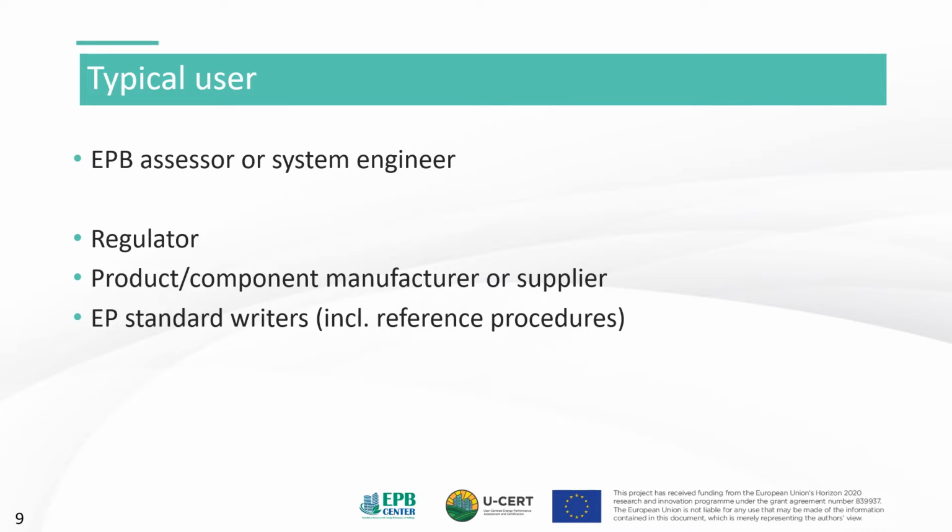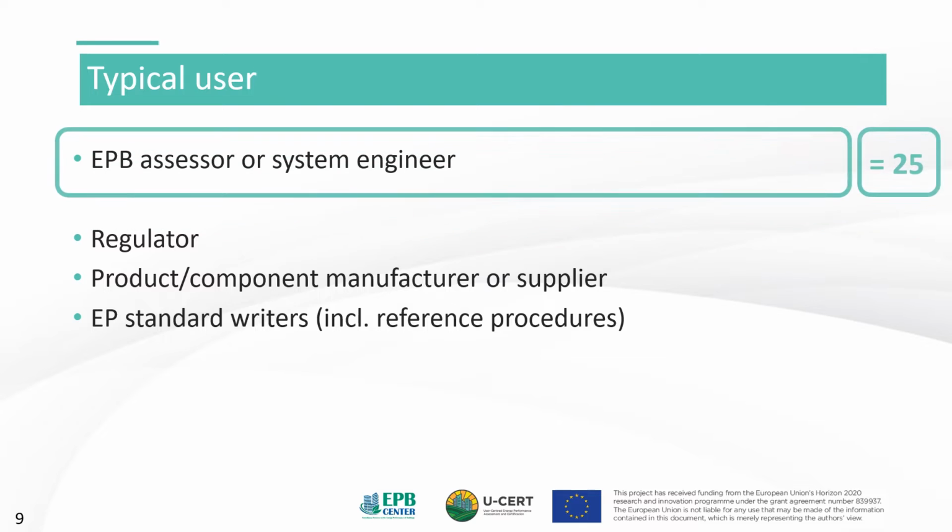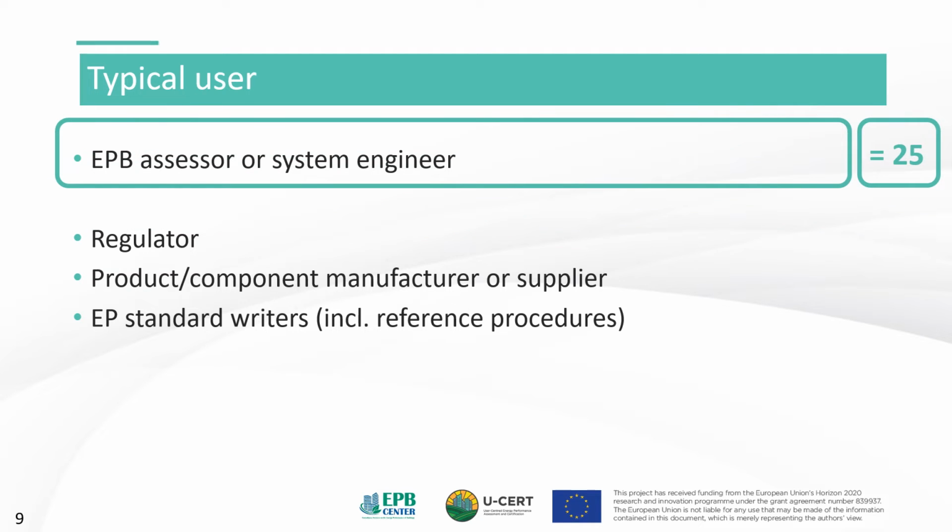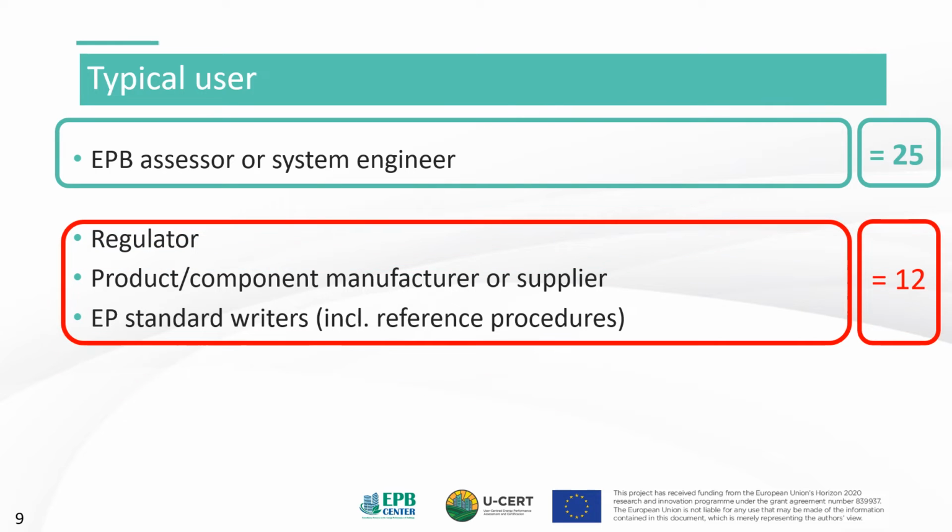And there are even EPB standards that are specifically made for the EPB standard writers, for instance, because they include reference procedures. For the EPB assessor or system engineer, there are 25 EPB standards, and the others are for the other categories of users, and they will be disregarded in this selection as well.